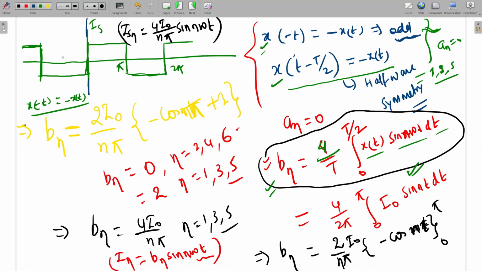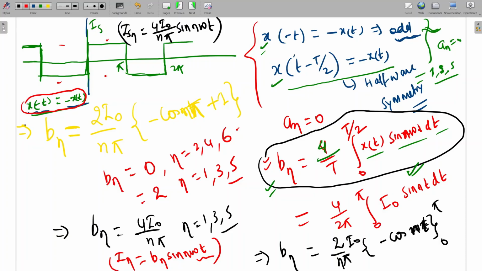This will go this side and this will go this side. If we multiply by minus, that also does the same thing: plus becomes minus. So x(minus t) means mirror image, or minus of x(t) means every component is multiplied by minus 1. So we can say that x(minus t) is equal to minus of x(t) for this signal.